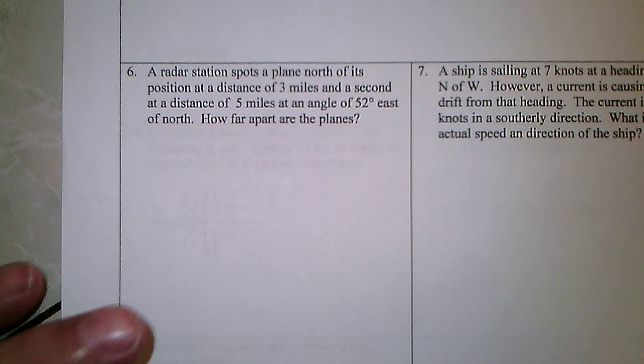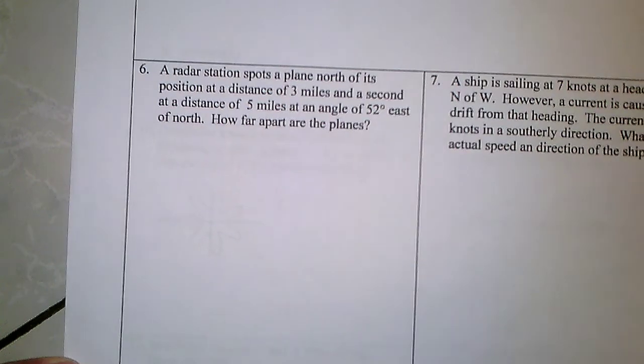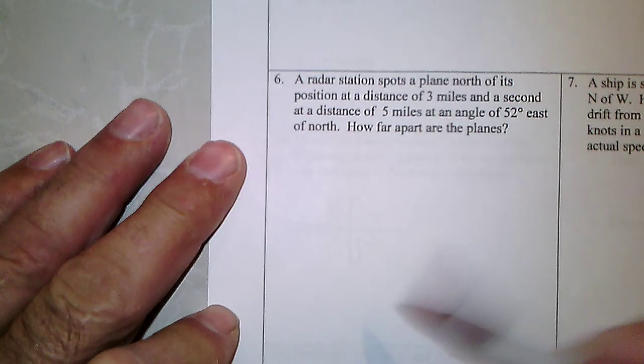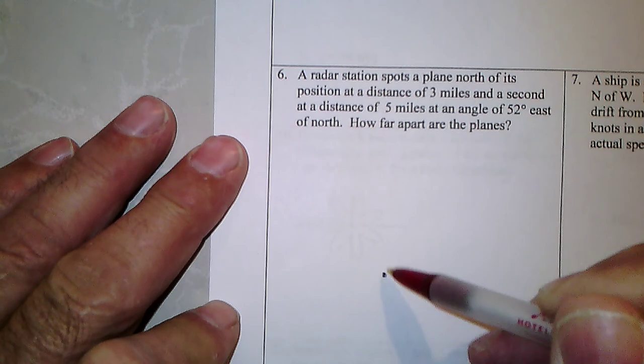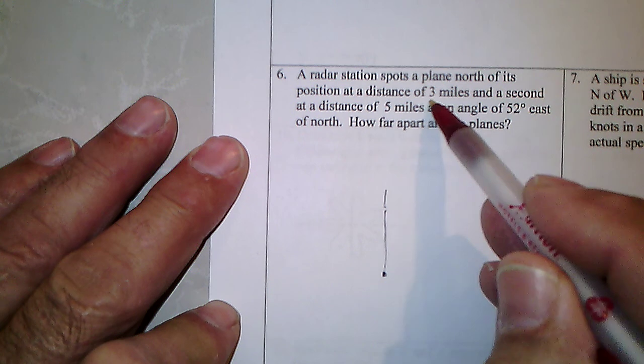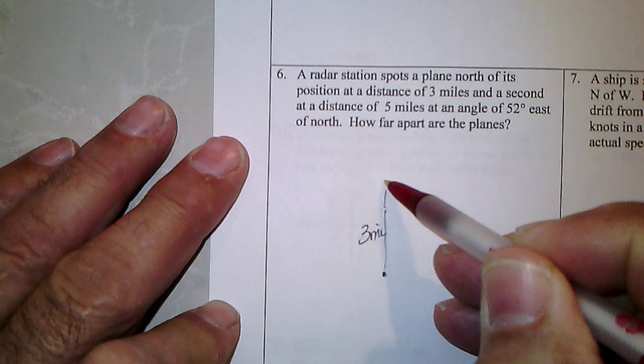Okay, number 6 says there's a radar station that spots a plane north of its position. So, if the plane is north, generally that's shown up, at a distance of 3 miles, there's one plane.